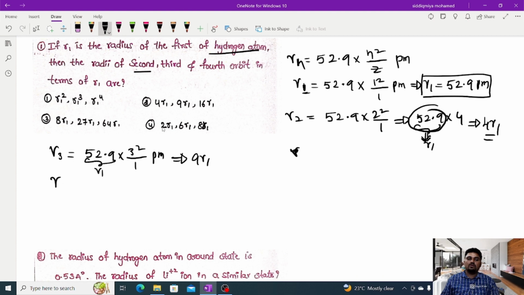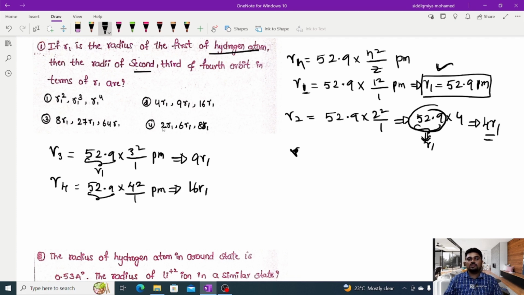Now what can we write for R4? 52.9 into 4 square by z, which is 1, picometer. 4 square is 16, and 52.9 we write as R1, so we get 16R1.